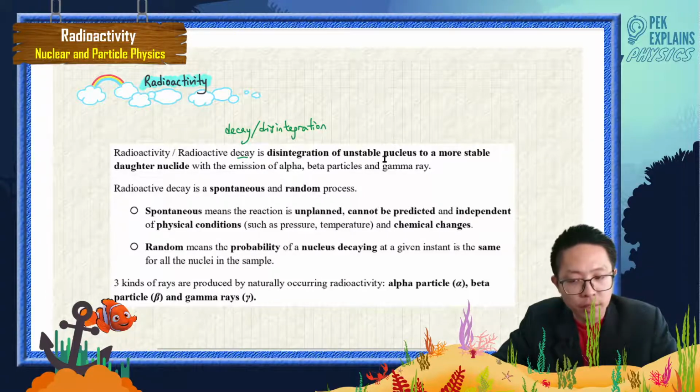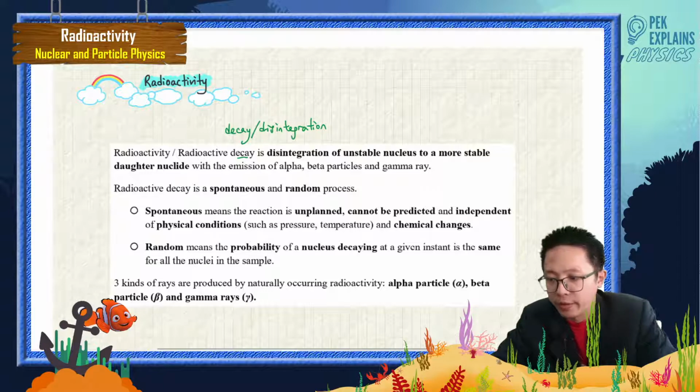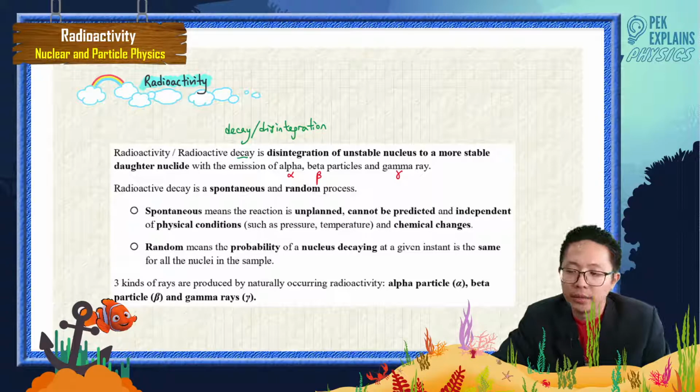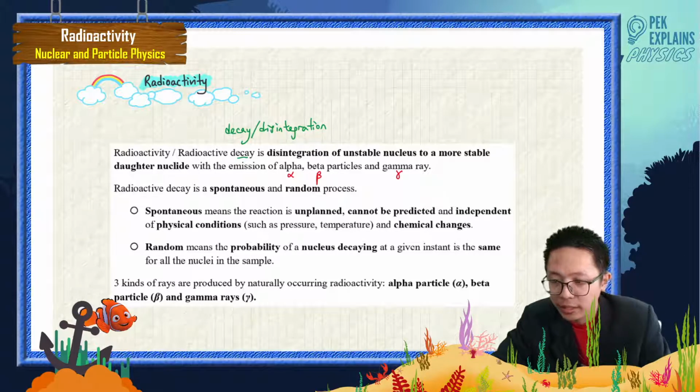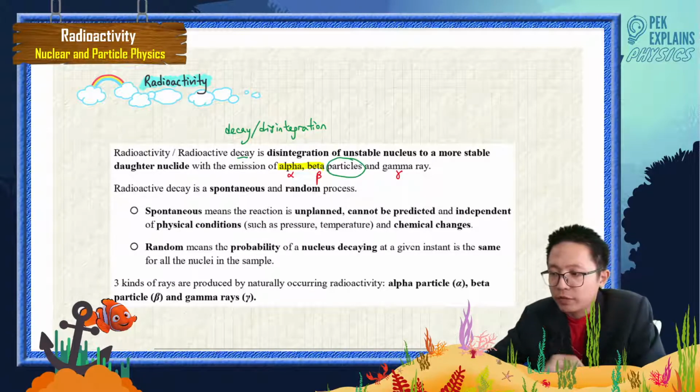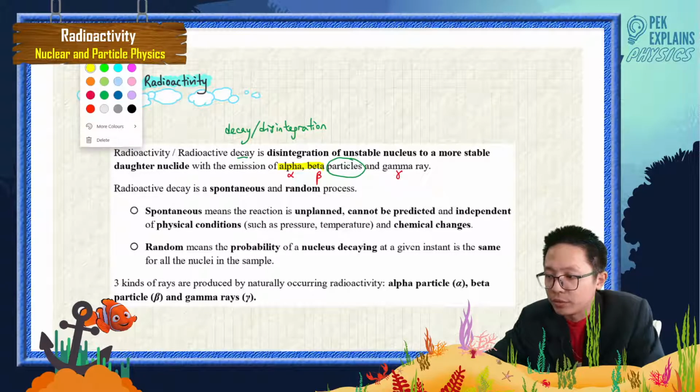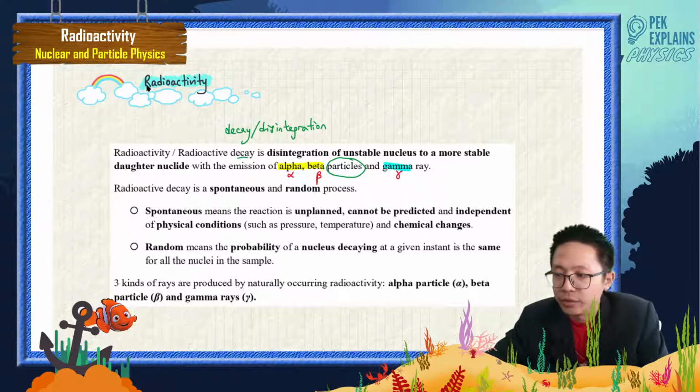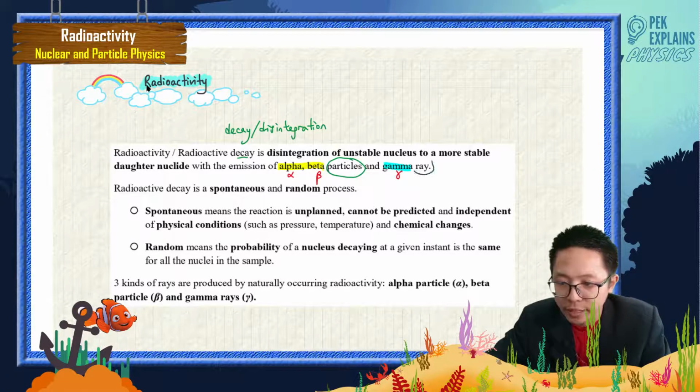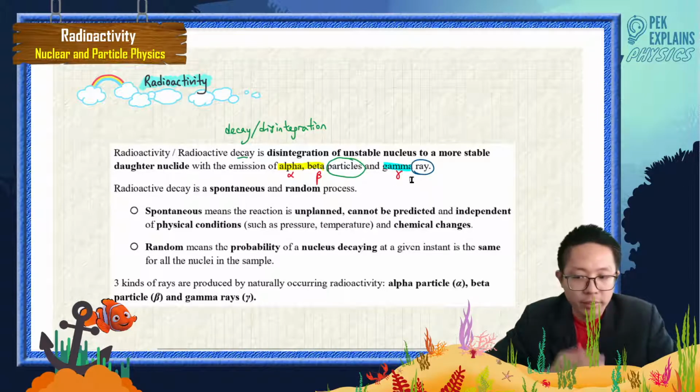It is the disintegration of an unstable nucleus to a more stable daughter nuclide with the emission of alpha, beta, or gamma ray. Pay attention that only alpha and beta use the word particle, but gamma uses ray.